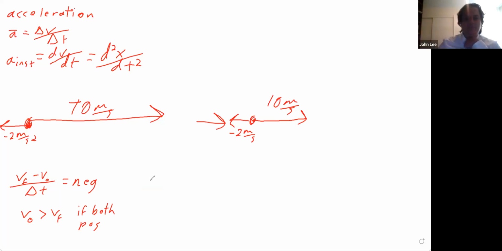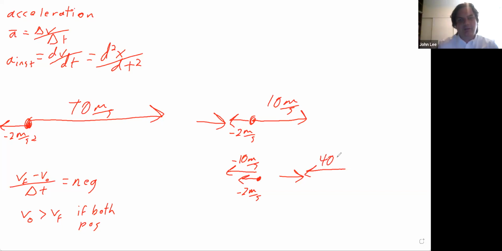So if at some point it slows down to zero and starts going backwards, then this velocity, -10 meters per second, is eventually going to get faster and faster because your acceleration is -2 meters per second squared.